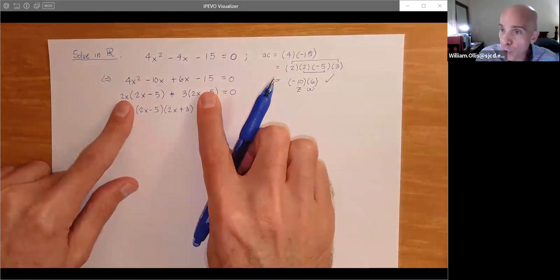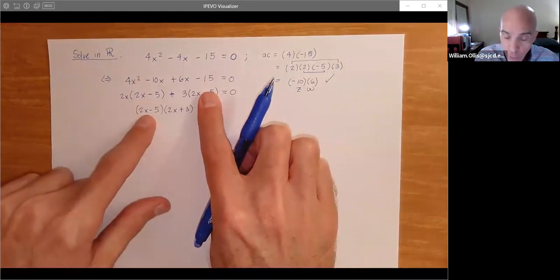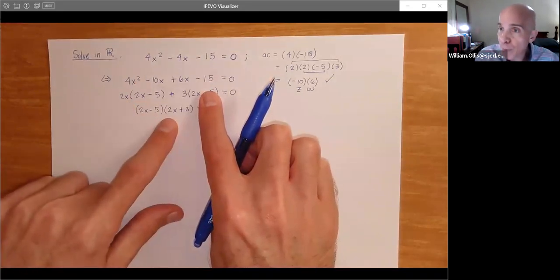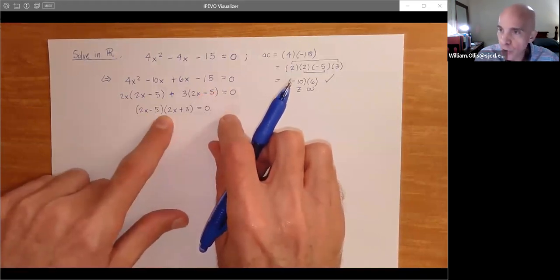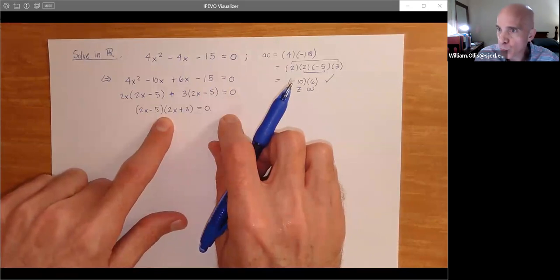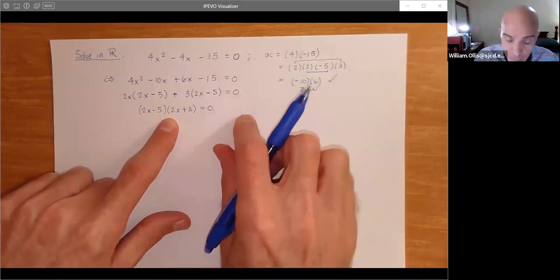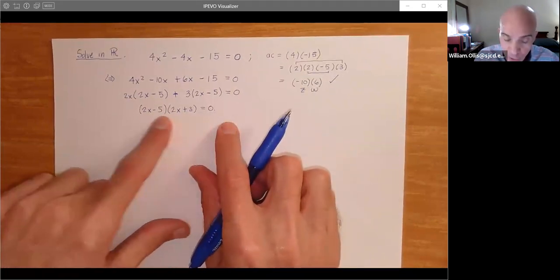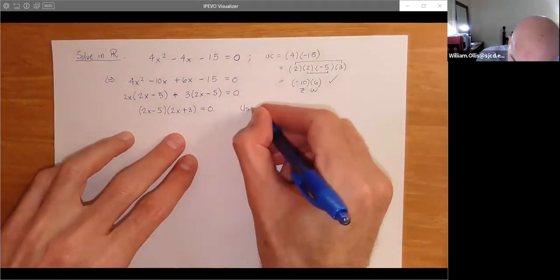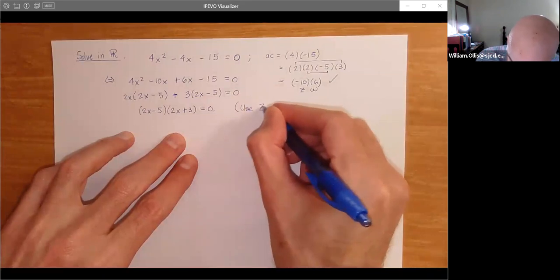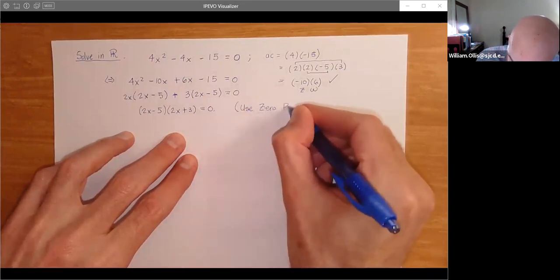This would be a factorization, at least for two first-degree integer polynomials. And then, of course, we could be more clever and do the complete linearization, which we'll review later in the class. But at this point, to solve this, we can now use the zero product. So use, again, we do this without thinking about it, use zero product.